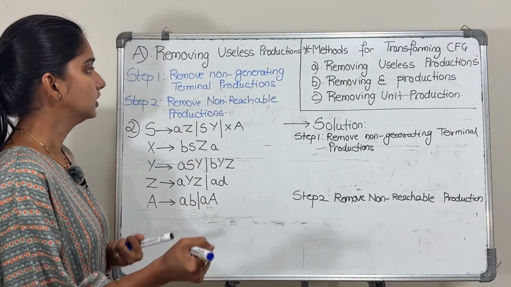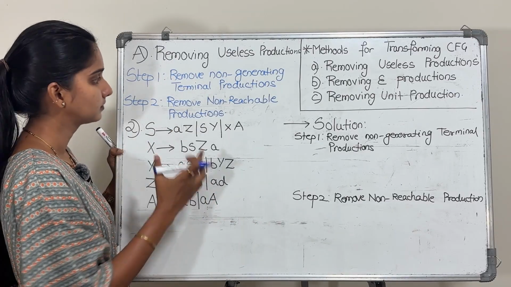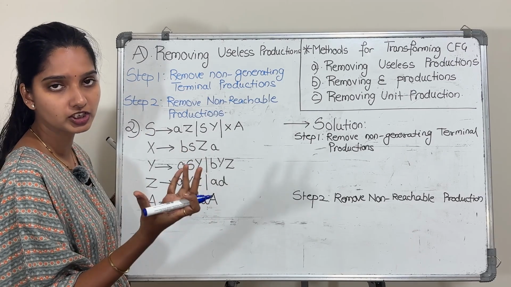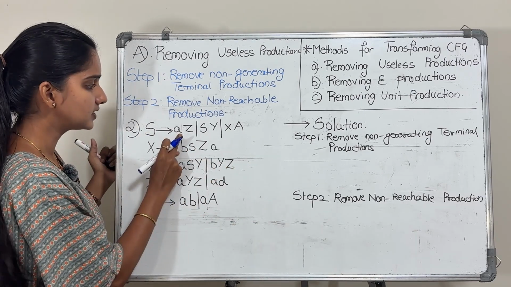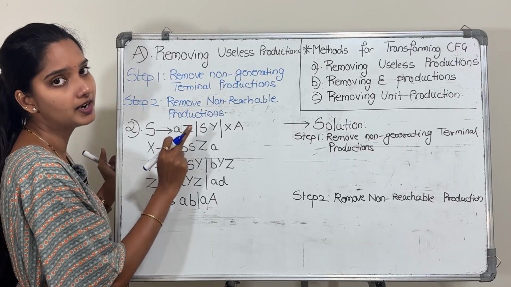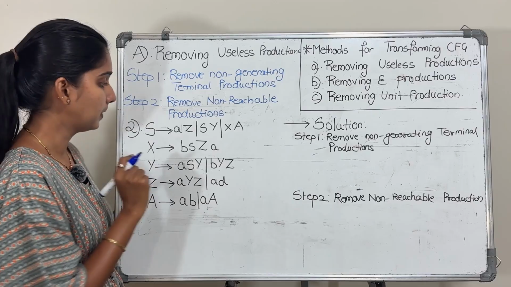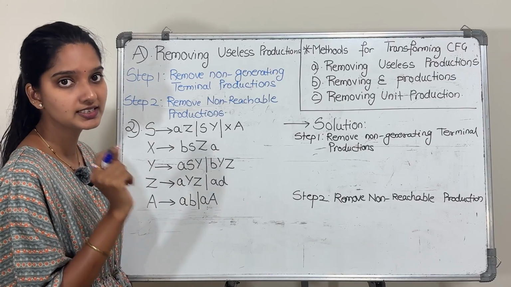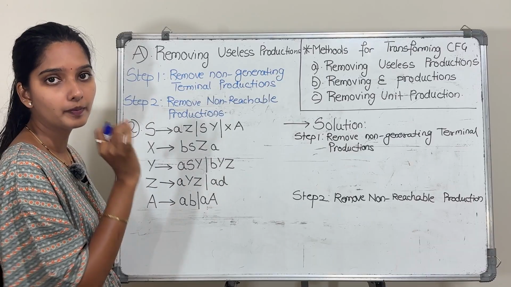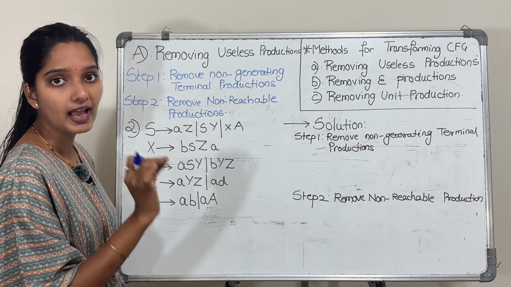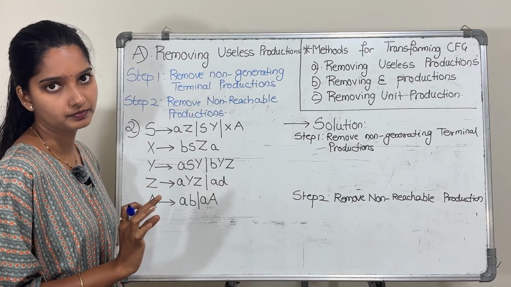Which are the non-generating terminal productions? We will go step by step. Is S giving me a terminal, which is a small letter? It is not giving me, right? Here it is giving me, but along with a small letter there is a capital letter also. An important point here is, since S is my initial or starting non-terminal, I cannot remove it.